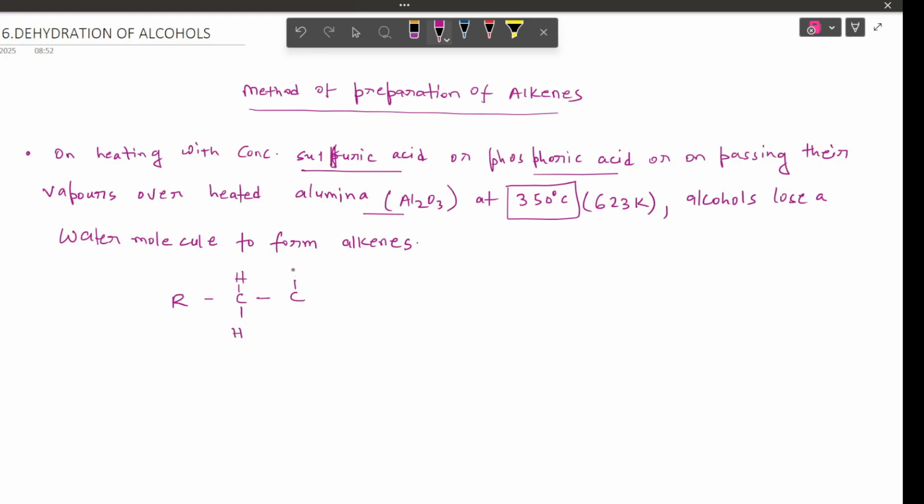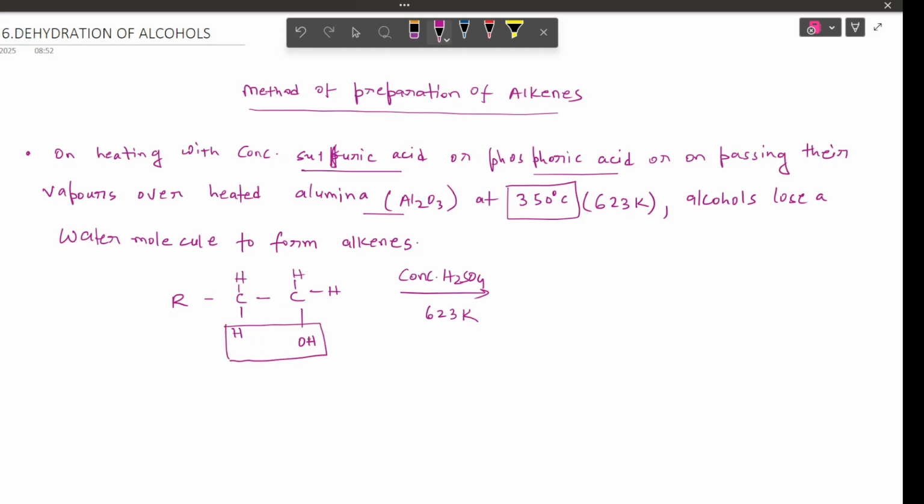Let us say we have an alcohol in this format. In this alcohol, if you pass concentrated H2SO4 at 623 Kelvin, this alcohol will lose a water molecule.